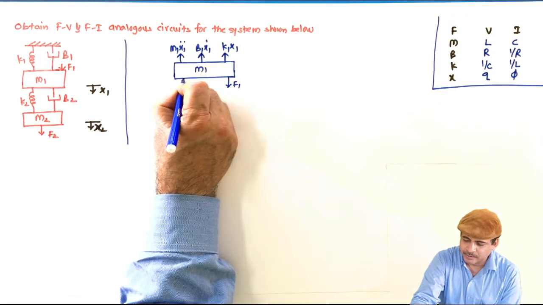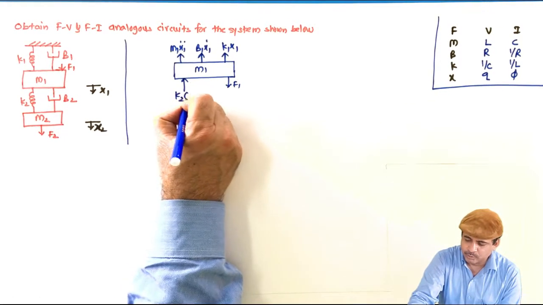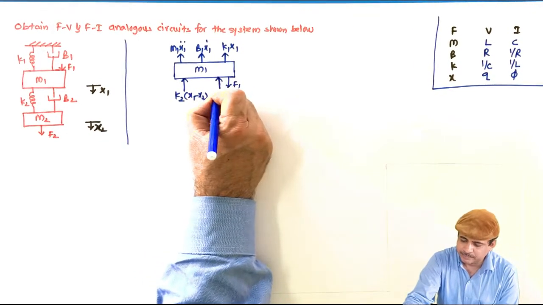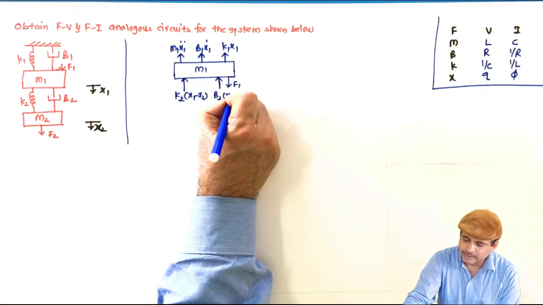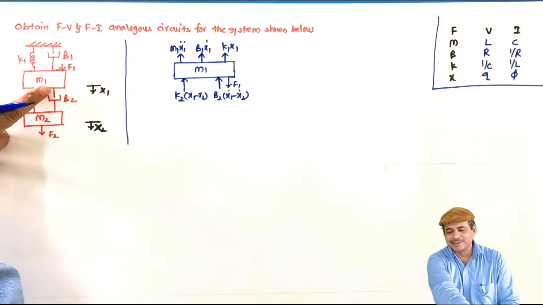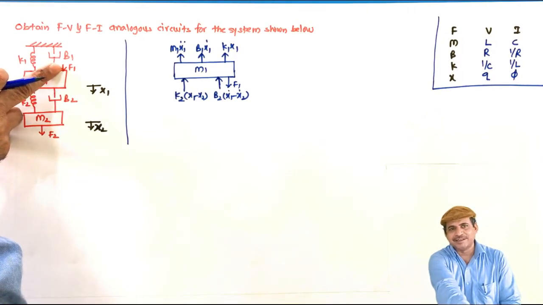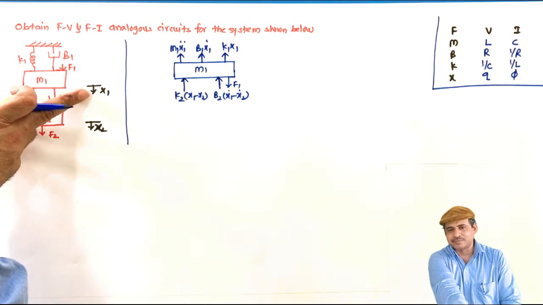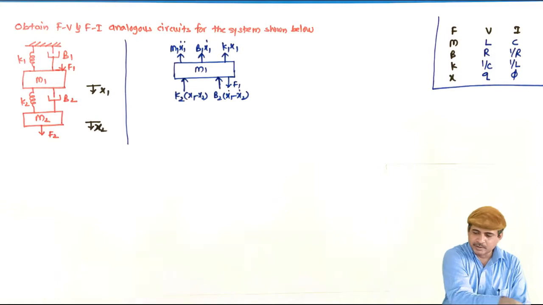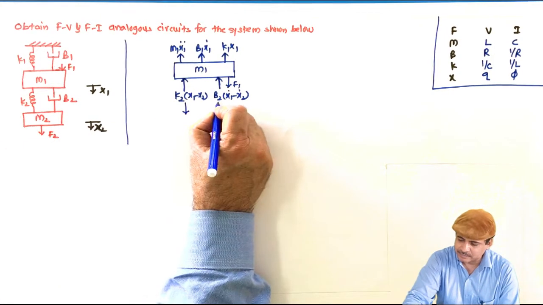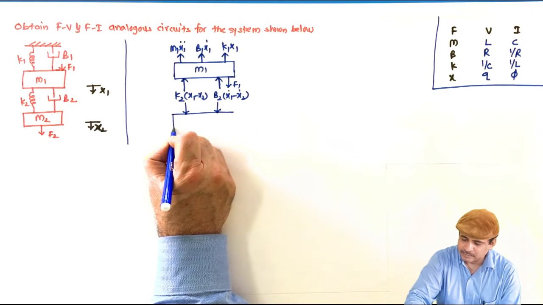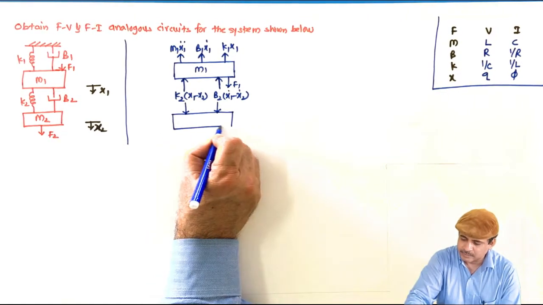These two elements will also oppose this F1. So K2 (x1 minus x2) and B2 (x1 dot minus x2 dot). Why x1 minus x2? Because here we are treating that due to F1 there is a movement and that is x1, so the relative motion will be x1 minus x2. Now there will be a counterbalance.